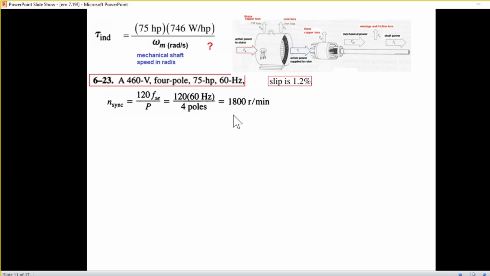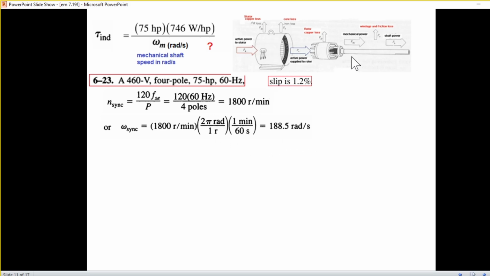So synchronous speed is 1800 revolutions per minute. We can convert into radians per second also by writing omega synchronous now, multiplied by 2 pi and divided by 60. It is 188.5 radians per second. So this is the synchronous speed.